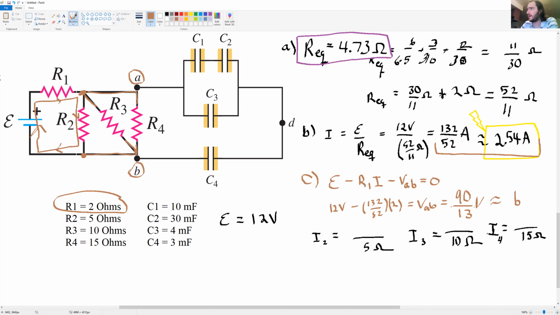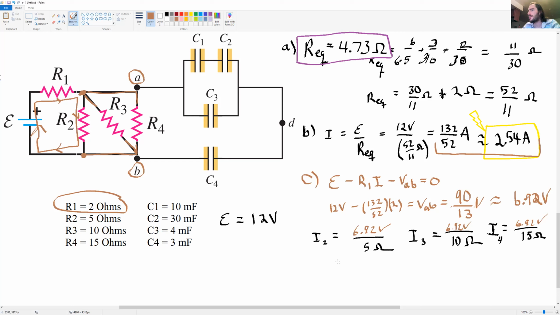Decimal answer 6.92 it looks like, volts. Oh my goodness. Okay, that's clear enough. So 6.92, so we'll go ahead and fill it in over here too. So 6.92 volts, 6.92 volts, and 6.92 volts. Those are our currents there.